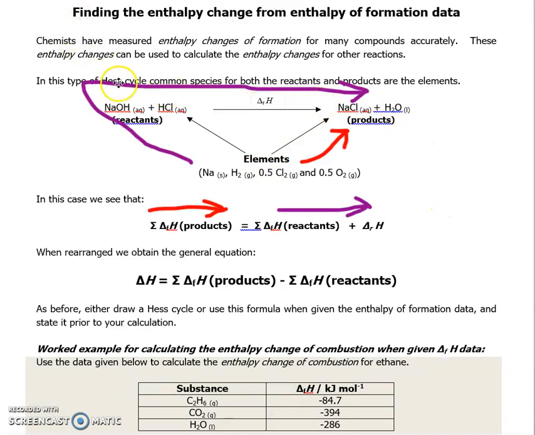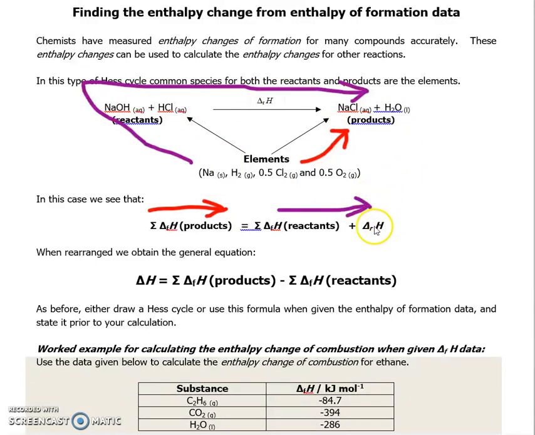So now we've got our arrows back, and just to remind ourselves, the red arrow equals the purple arrow, and this states that the sum of the enthalpy change of formation of the products is equal to the sum of the enthalpy change of formation of the reactants plus the enthalpy change of this reaction here.